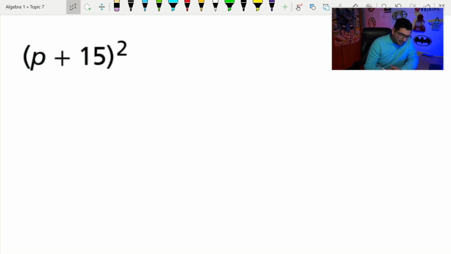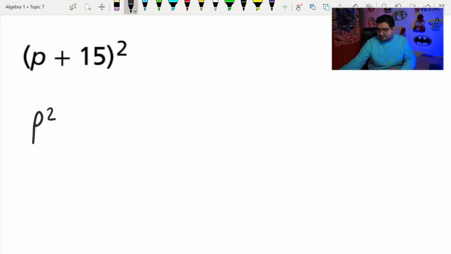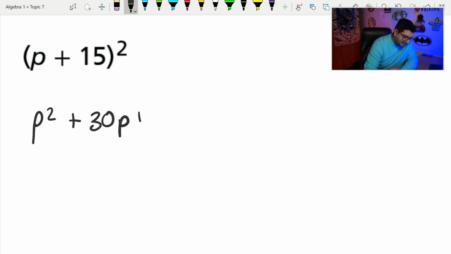Let's say I look at another problem. Here I have another one. I can do p times p, that's p squared. P times 15 is just 15p, but then I have to remember that I've got to double it. So 15p doubled would be 30p. And then lastly, 15 times 15, you can find that in the calculator or on your phone. 15 times 15 would be 225.